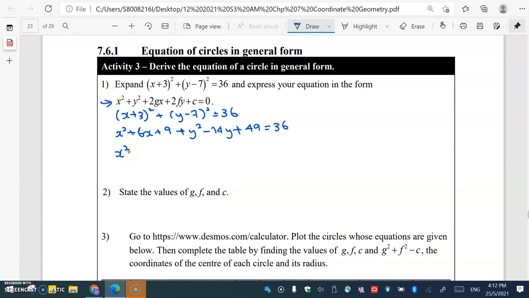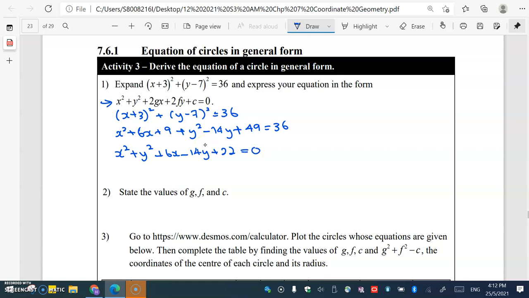So I get x² + y² + 6x − 14y. And then I'll deal with all the numbers. I have 9 plus 49, and then I will have to minus 36. All in all, I get plus 22 equals 0.